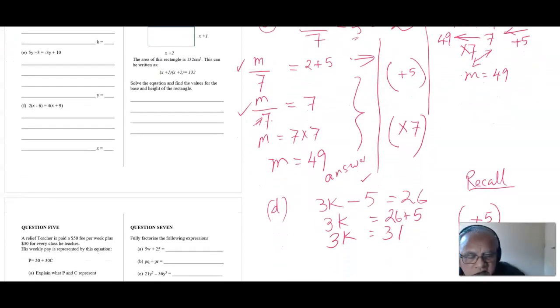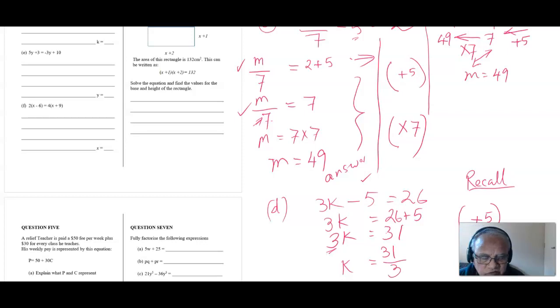And then the next thing is to undo 3 times K, which is the reverse operation, divided by 3. And am I right? Yeah, I think so. So divided by 3, and k will be 31 divided by 3.